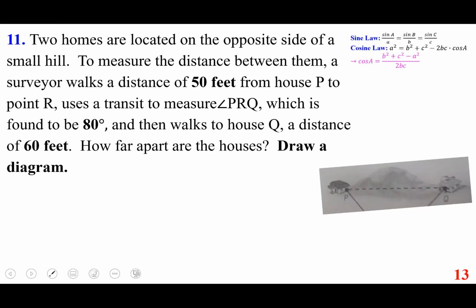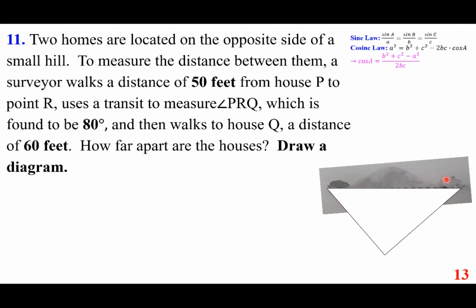So we have a situation like this, and we are interested in finding the distance between the two. One is located at point P, one is located at point Q. So we draw this. We call them P, Q, R, and this distance that is of interest to us is X. So this is 50 feet.